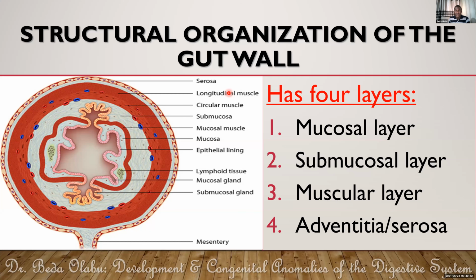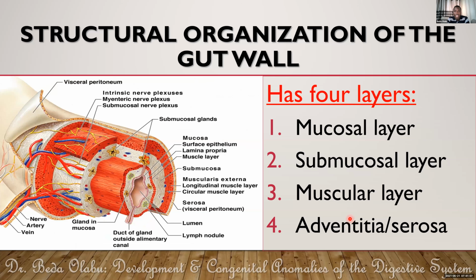Also to remind you that the wall of the digestive system has 4 histological layers: mucosa, submucosa, muscular layer, and the adventitia. In as much as there are those 4 histological layers, I want you to look at them in terms of the tissues.